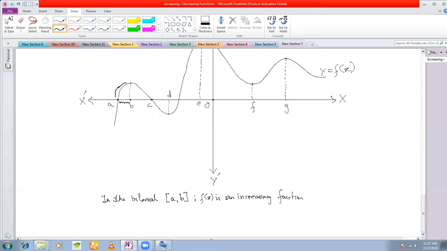Okay. Again, if you see in this interval BC, what is happening? f(x) is a decreasing function, right? Now look at this interval. What is happening in the interval? Decreasing.